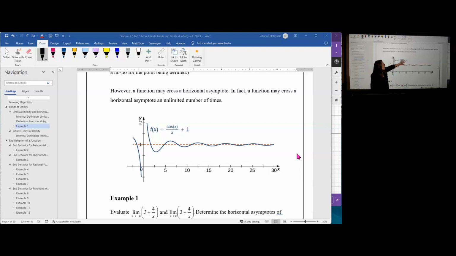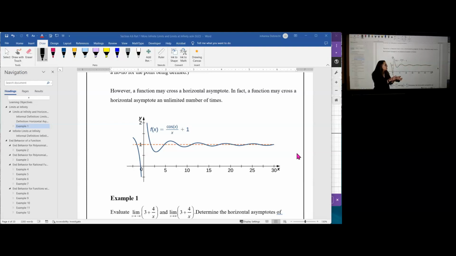You'll see in this graph here of cosine x divided by x plus 1 that the graph does approach the y value of 1 as x goes to positive infinity. But in fact, it is oscillating above and below that line infinitely often. Notice, however, that the limit exists because the oscillation is getting tighter and tighter around that constant line.